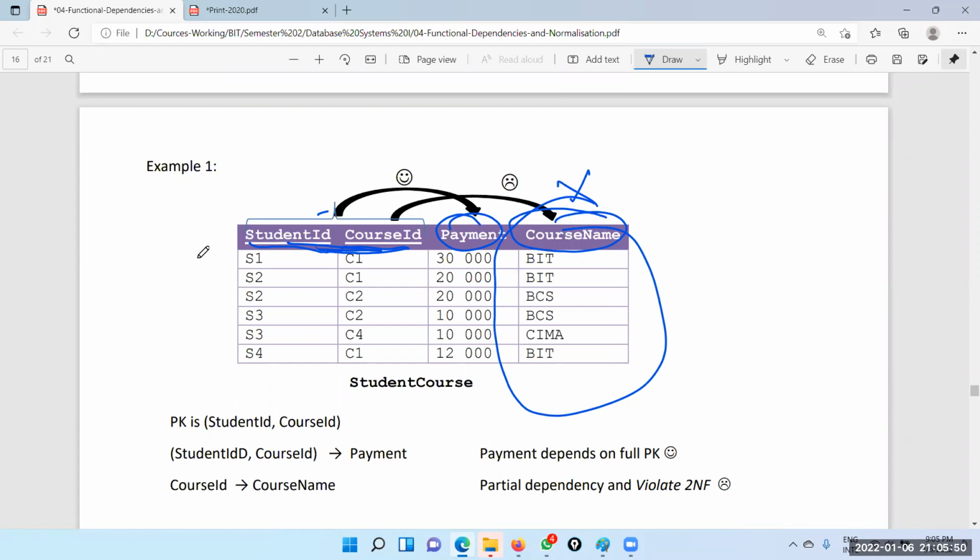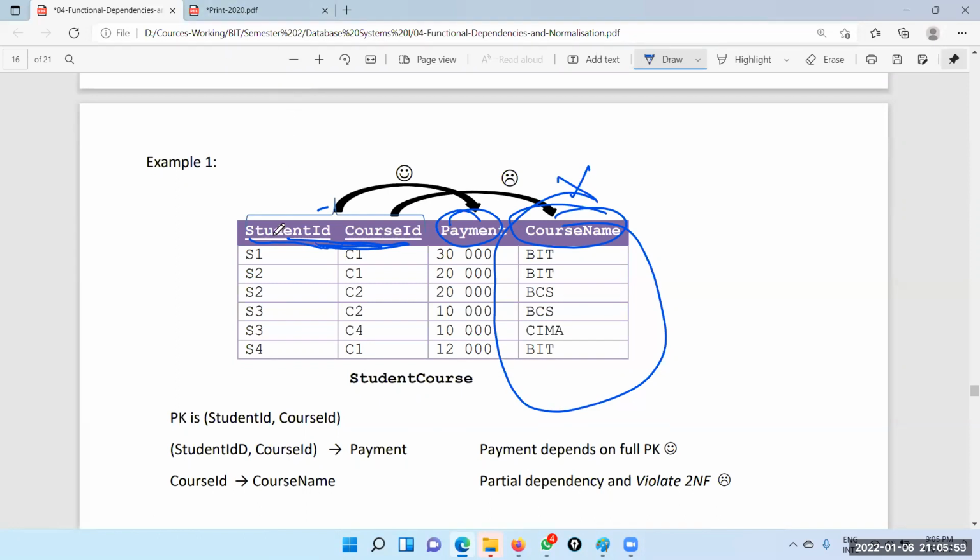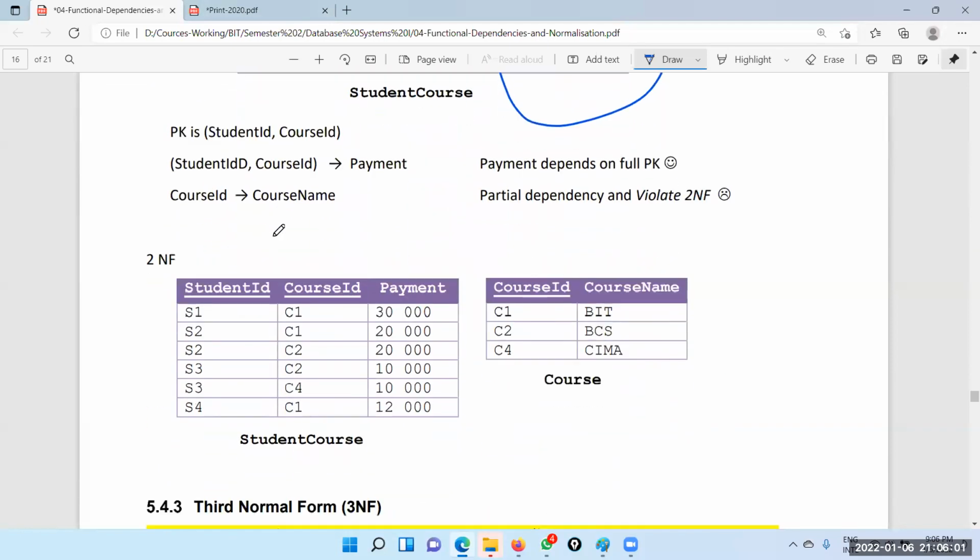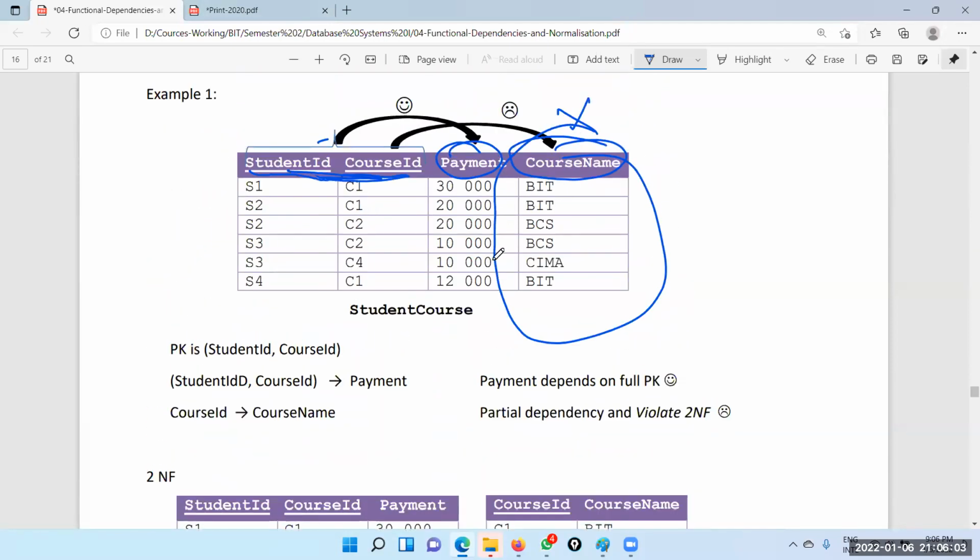So with some past paper questions and exercises, you will get that. Initially, you will be a little bit confused. Right. So now we found that this is wrong. Now the solution is, this is not the place to keep your course name. This is the student course table, a connecting table.